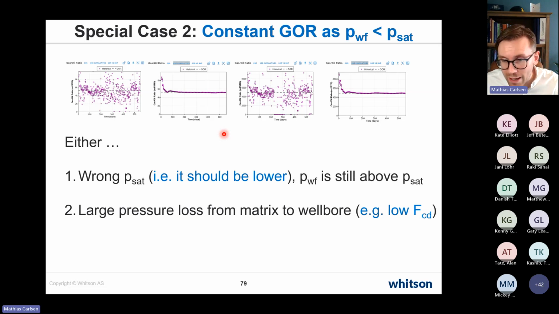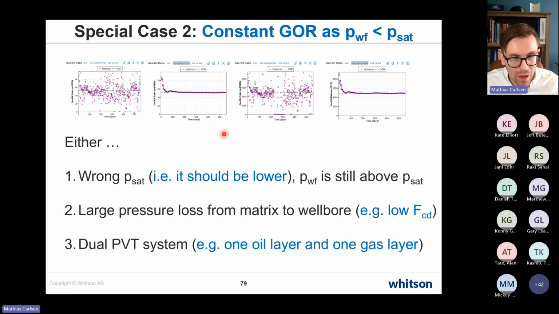And then we have a case which is also interesting, and I think it is a very viable explanation in a lot of basins, where you're actually dealing with a dual PVT system, or one or more fluid systems feeding into the same wellbore. A good example of this can be a very low GOR oil that will have a very low saturation pressure, and for instance, a thin rim of dry gas.